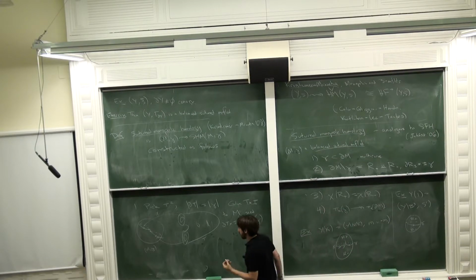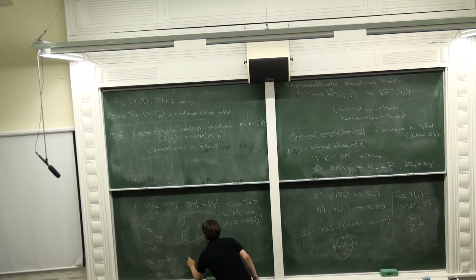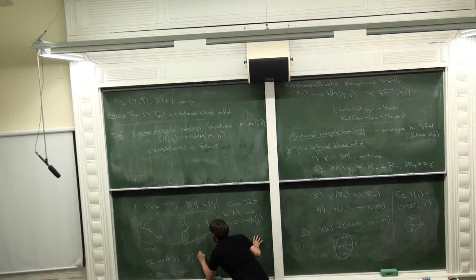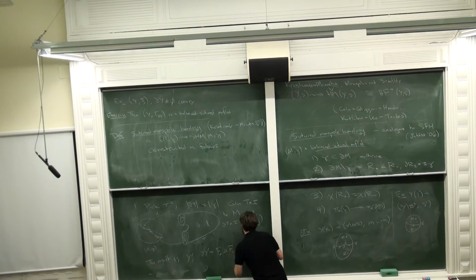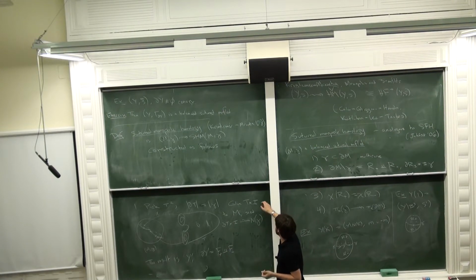And the resulting manifold, call it Y prime, has a boundary of two components, which I'm going to call F plus and F minus. I usually call pretty much everything R, so I'm trying to not be confusing.